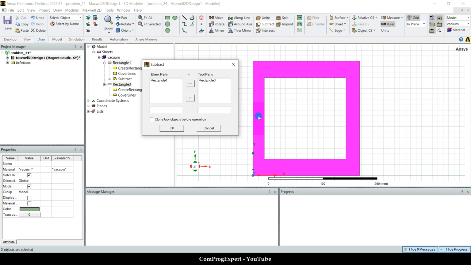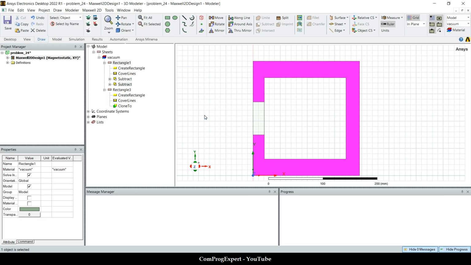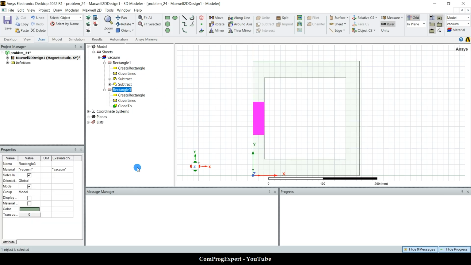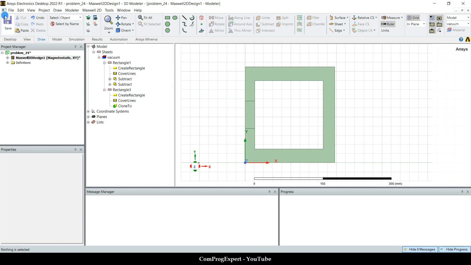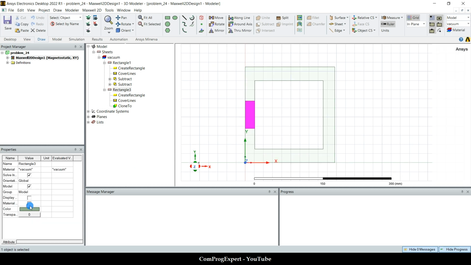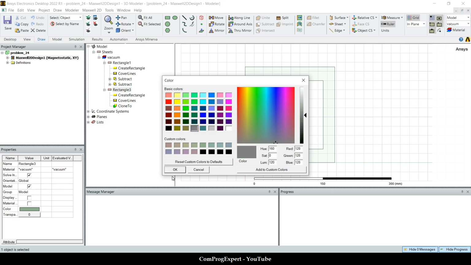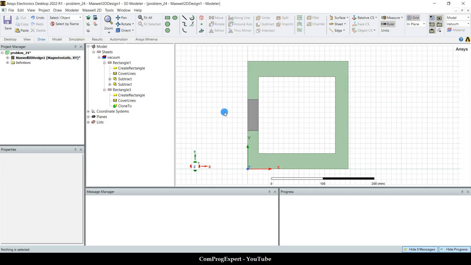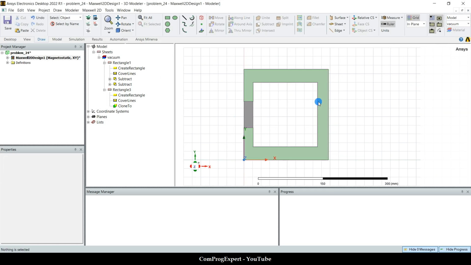We need that, and we are going to define the magnet material and the magnetization on it. So here, clone tool objects before operation. In this case, this is rectangle 1 and this is rectangle 3. So this is the magnet object. Let's change the color to this one. So this is much better.